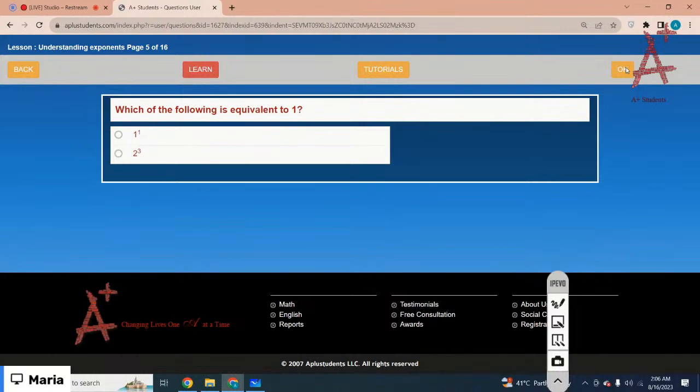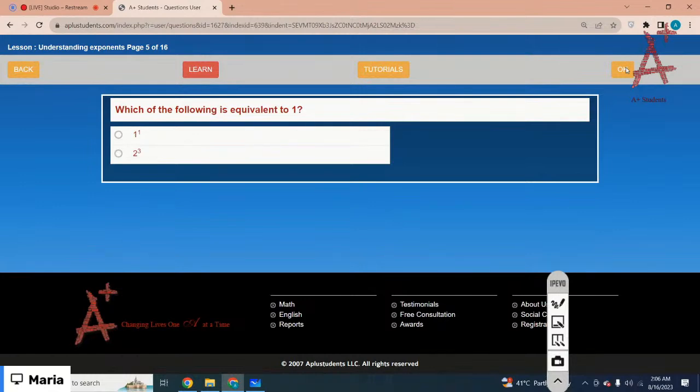Which of the following is equivalent to 1? Which is the correct option, option 1 or option 2? 1 exponent 1 equals 1, right?